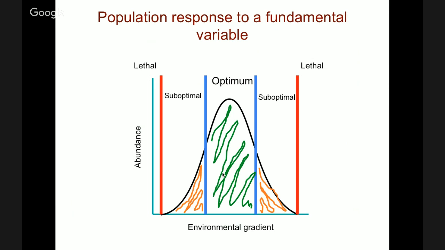If we extend this idea to a multidimensional space, we can construct this hypervolume or these Maguire ideas on optimal and suboptimal and marginal conditions. And optimal conditions should be around the centroid of this hypervolume.